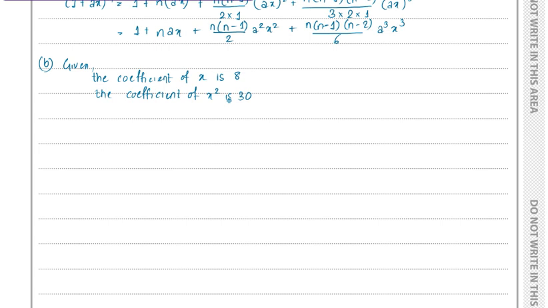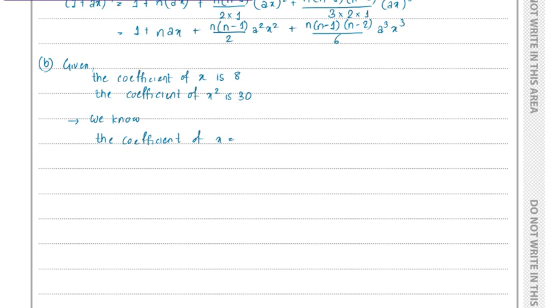And we know from part A, from the expansion, the coefficient of x is actually na. So the coefficient is a constant that is getting multiplied with a variable. The variable in nax is x, and so the constant, which is the coefficient, is na here.